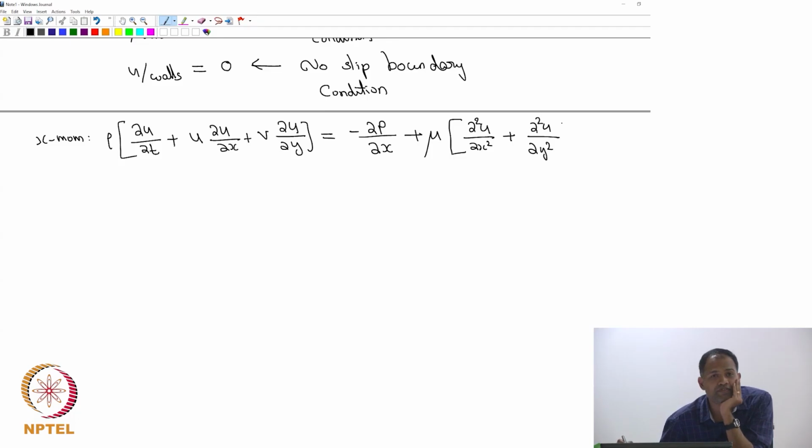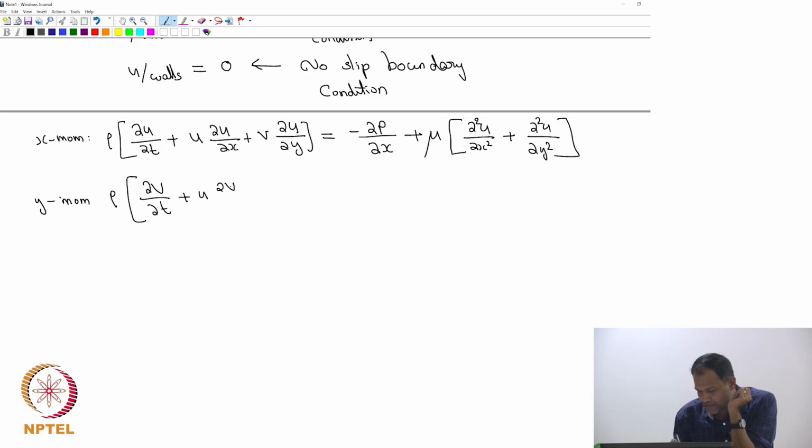There is no del x del y term, no cross derivative. That is right. And then we can talk about a y momentum equation. Should we write down y momentum equation really? Let us write down and see what it means.